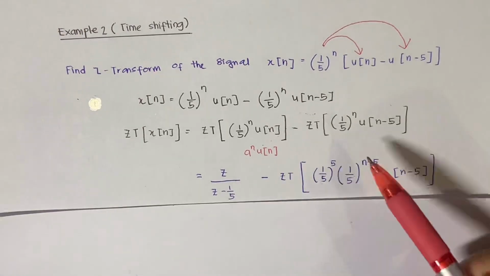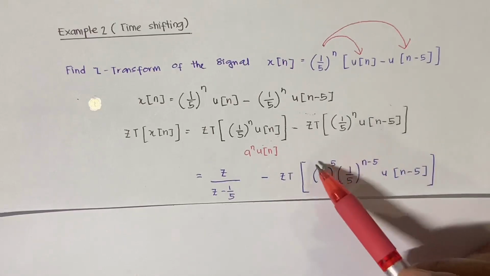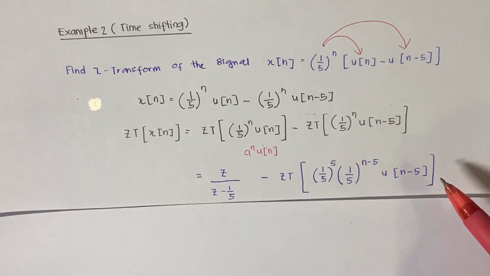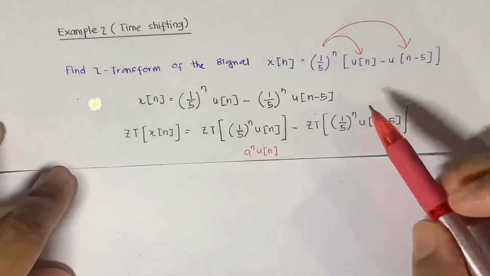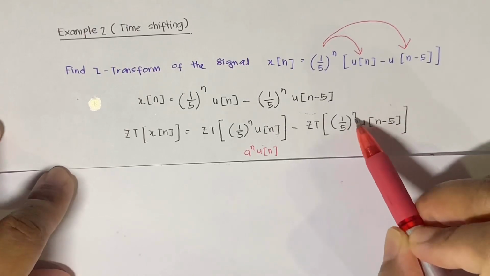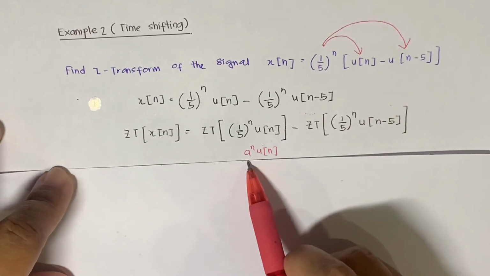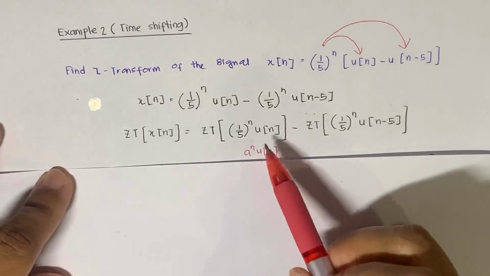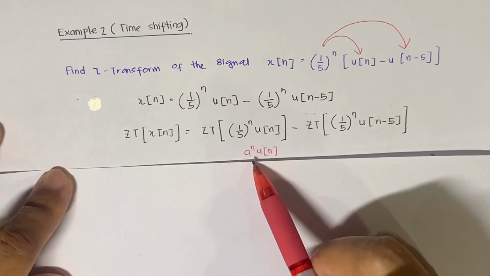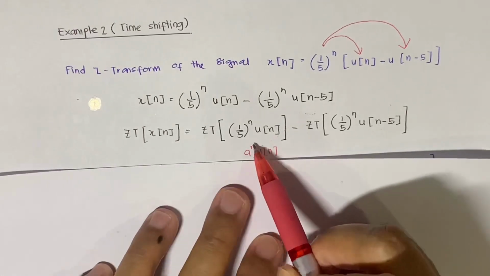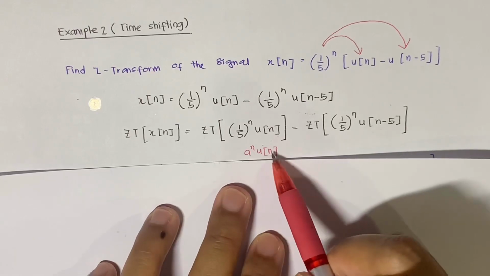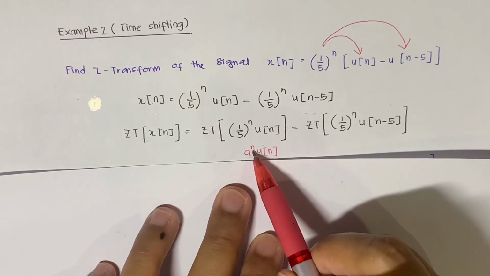Then for the second equation here, why did I write it like this? This is because, if we refer to this Z transform, when you want to perform the Z transform for this equation, the n here should be the same as this n.